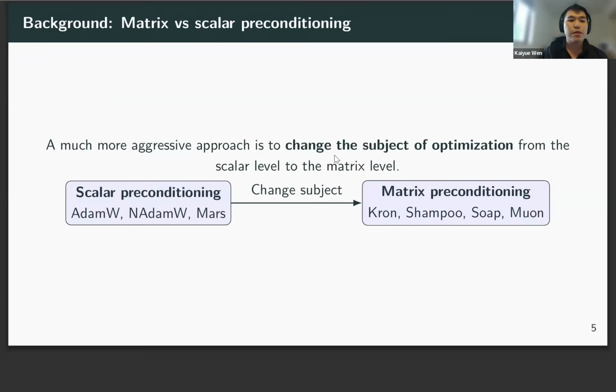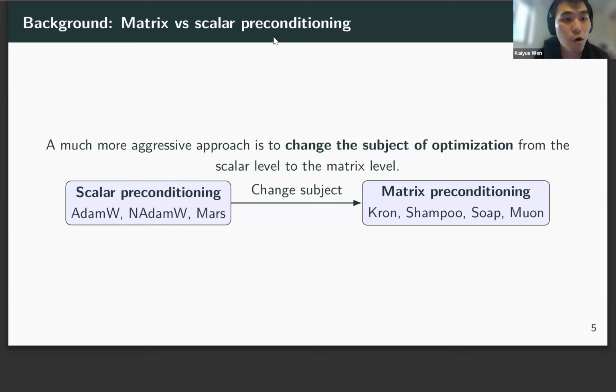But for example, Mars, the algorithm that was proposed last year, also on the topic of pretraining, shares the same intuition that it wants to reduce variance for Adam, and it can also be used to reduce variance for other base optimizers as well, but we will not touch that in this particular talk.